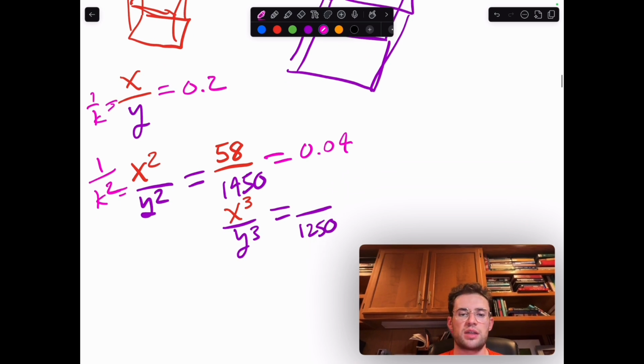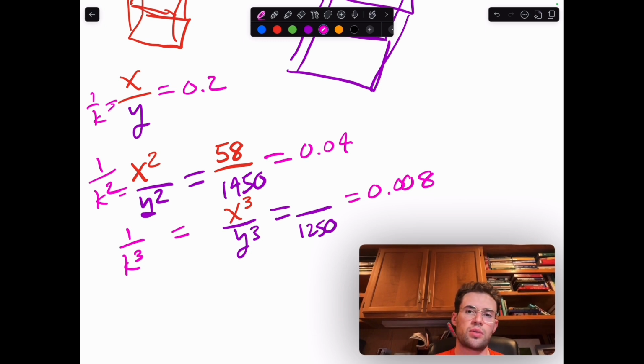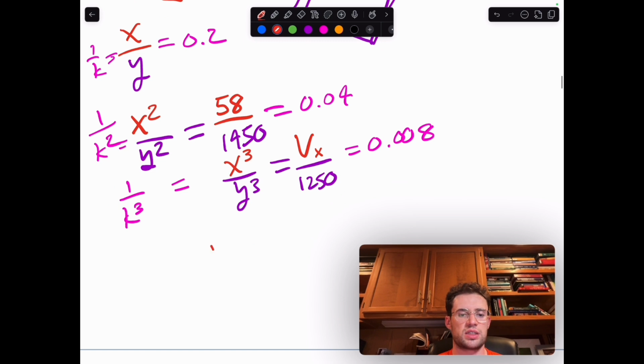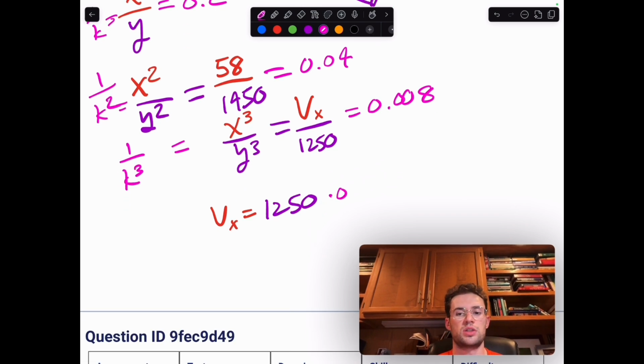And then 1 over k cubed would be 0.04 times 0.2, 0.008. So we don't know the volume of X, but we can find it using this. Volume of X is equal to the volume of Y, 1250, times 1 over k cubed, which is 0.008, and that gives us 10.